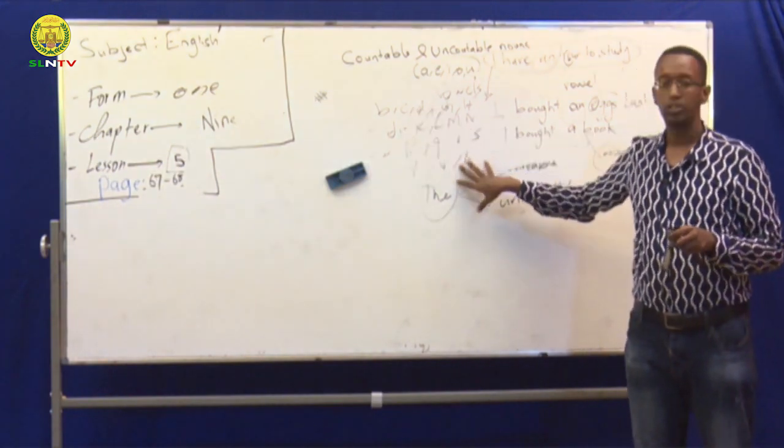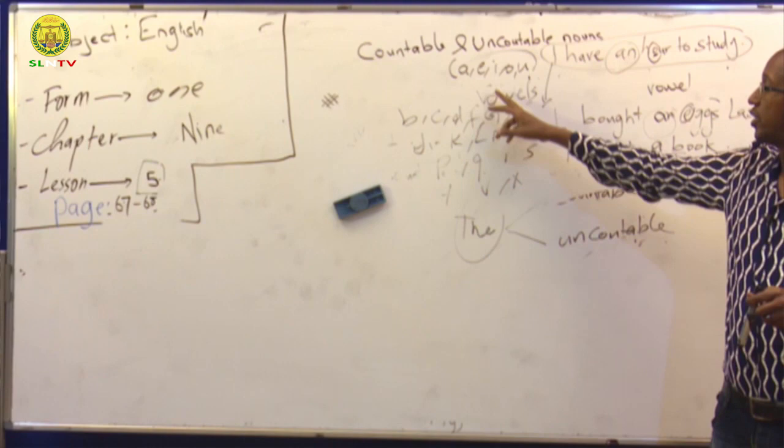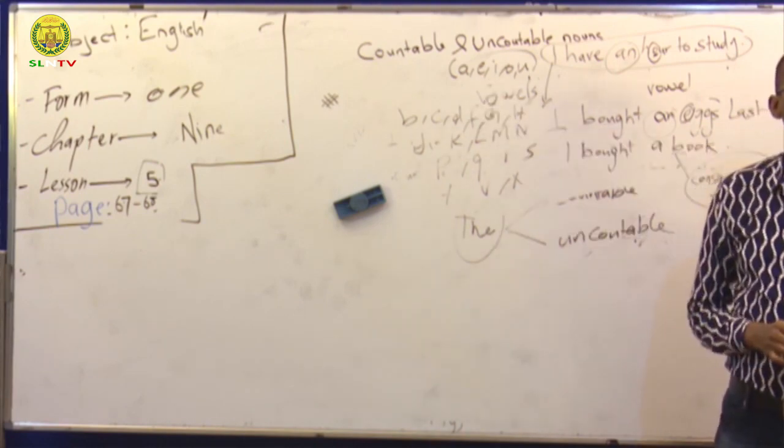These letters are called consonants, but these letters are called vowels.